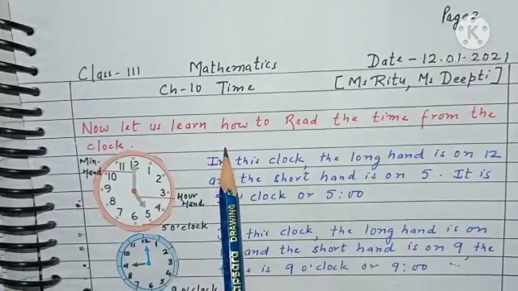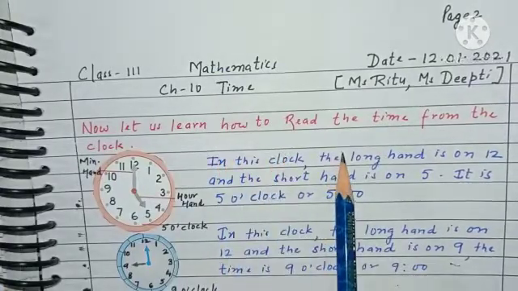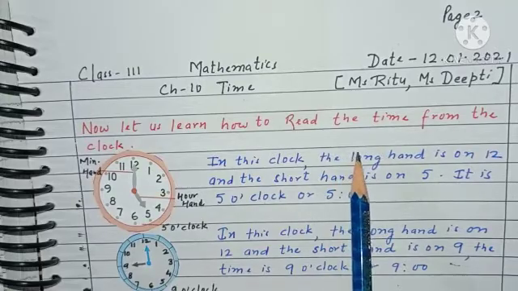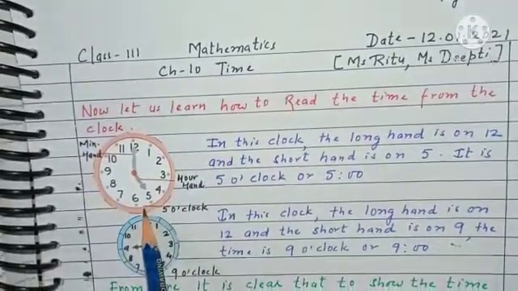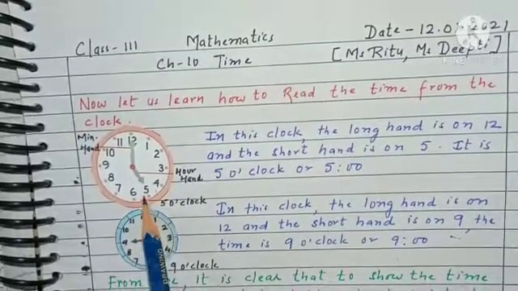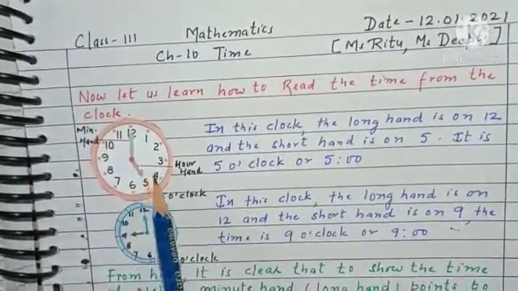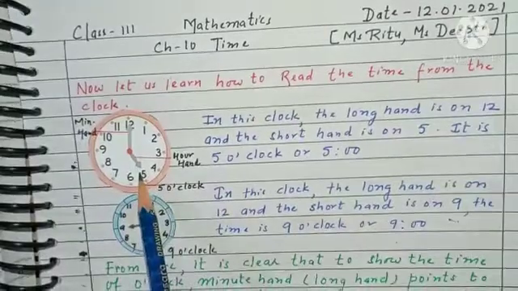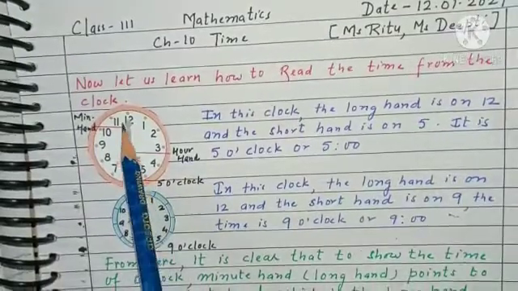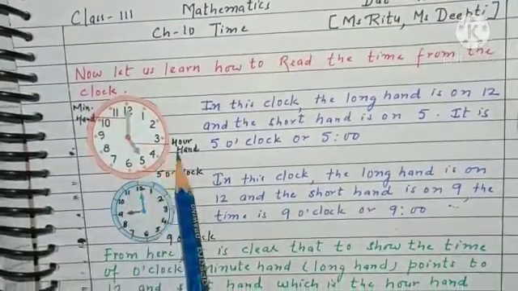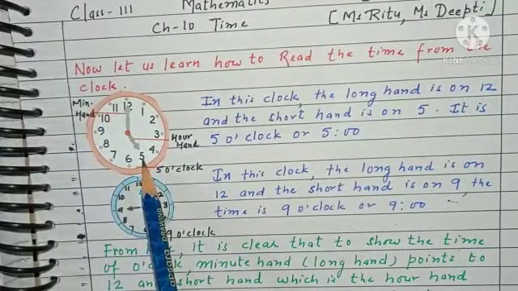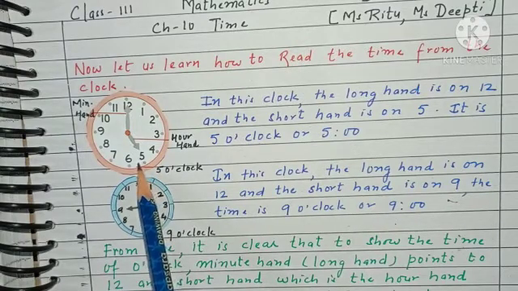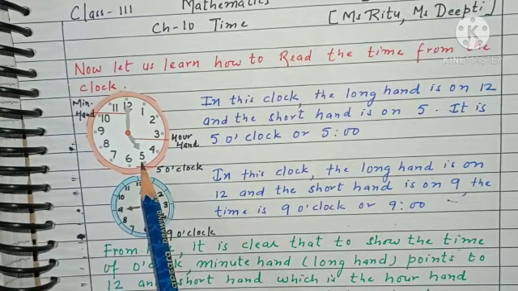Let us learn now how to read the time from the clock. In this clock, the long hand is on 12 and the short hand is on 5. The long hand means the minute hand and the short hand is the hour hand, as we can see in the figure. The time shown in the clock is 5 o'clock.